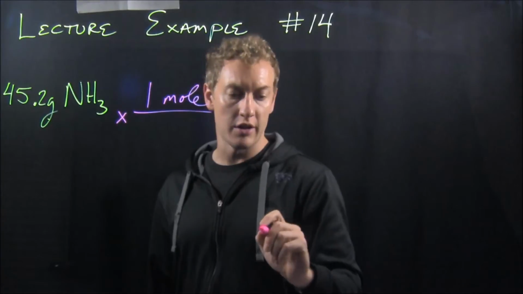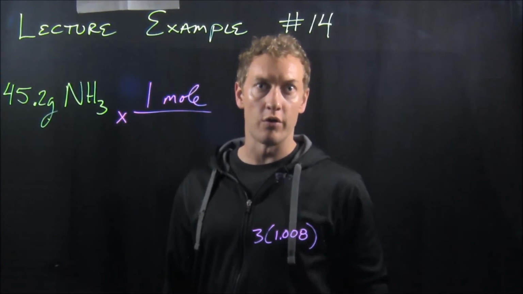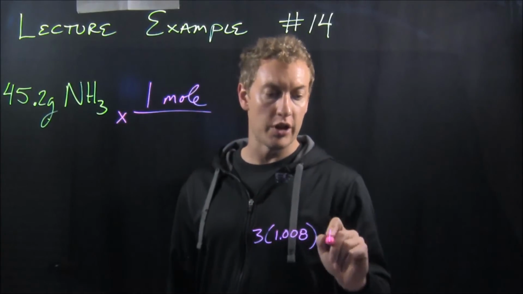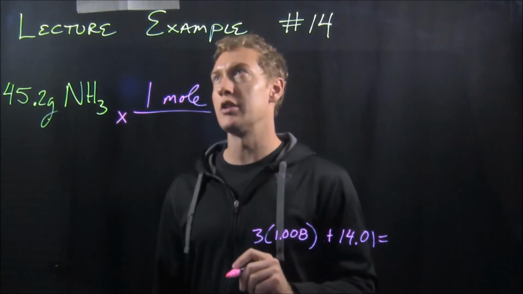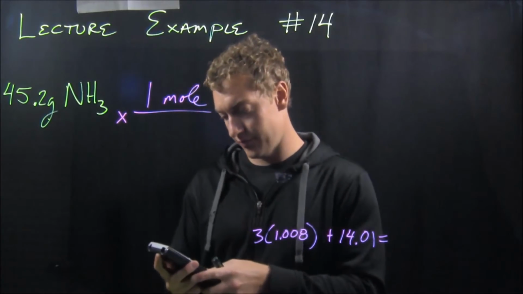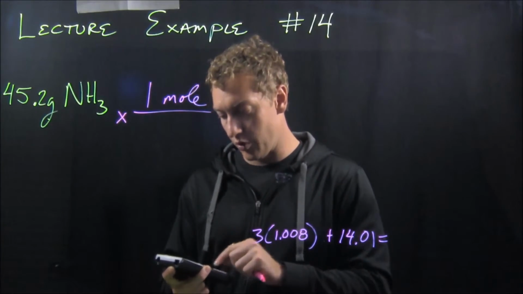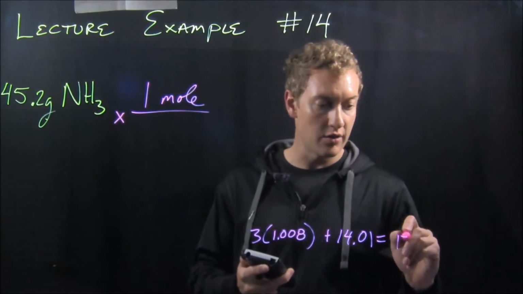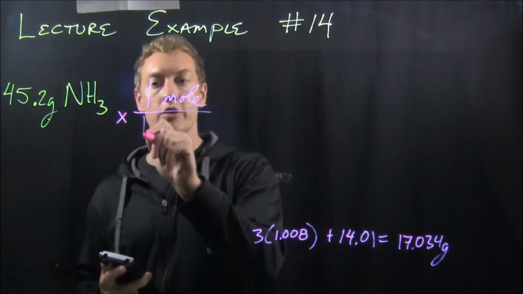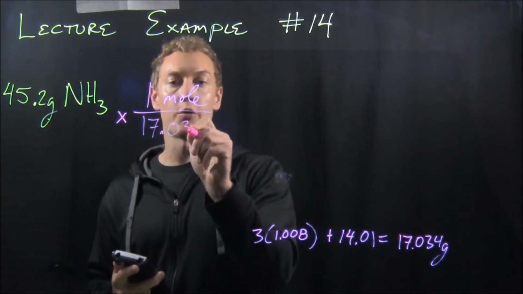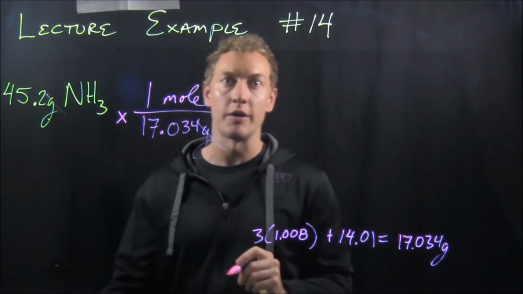It'd be 3 times 1.008 for the hydrogen part plus 14.01, and so that's going to come out to be 17.034 grams for every 1 mole of ammonia. So 17.034 grams. So grams is going to then divide away.